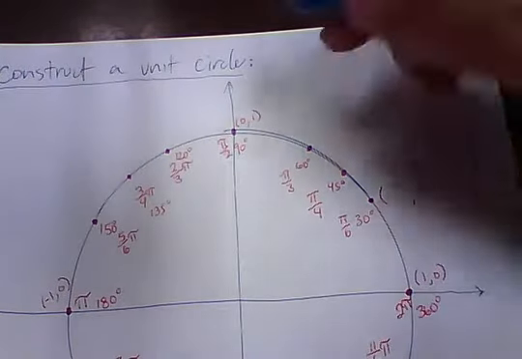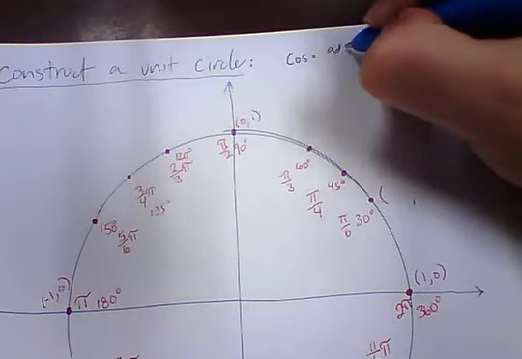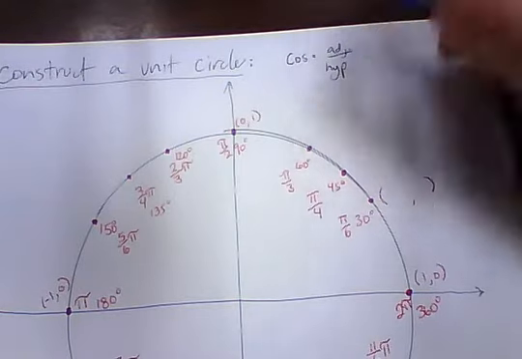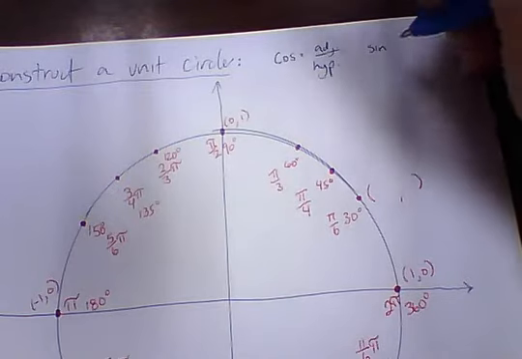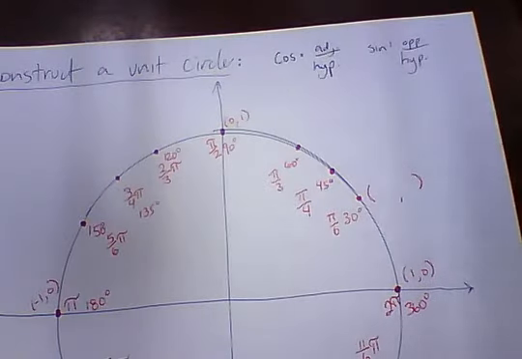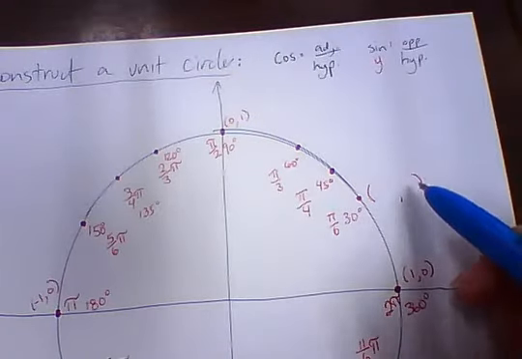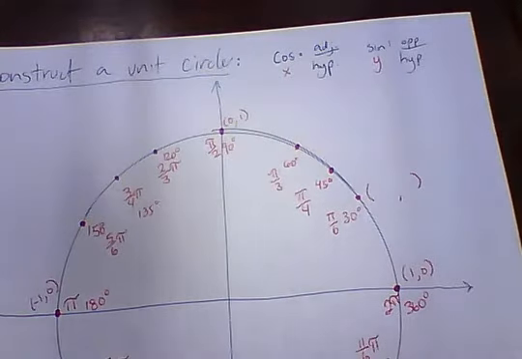Cosine, we remember, is the adjacent side over the hypotenuse. And sine, we remember, is the opposite side over the hypotenuse. And for the sake of the unit circle, remember that your sine values are your y's for every coordinate, and your cosine values are your x's for every coordinate.